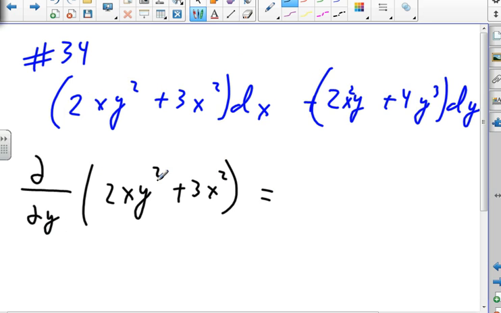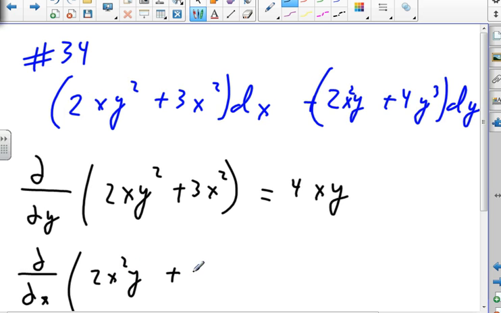And I'm going to get 4xy. And then I'm going to look at the partial with respect to x of the other term, 2x squared y plus 4y cubed. And I'm going to get 4xy. They're equal, therefore the exact method works.